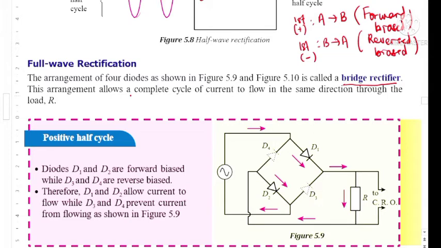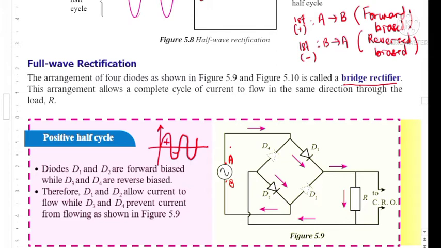We can put this one as A. And this point is B. For the first positive half cycle, current flow from A to B. We can mark the current like this.